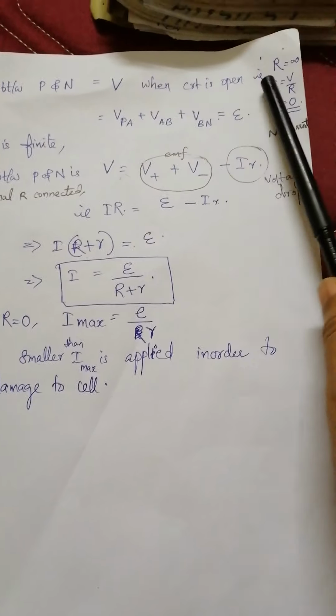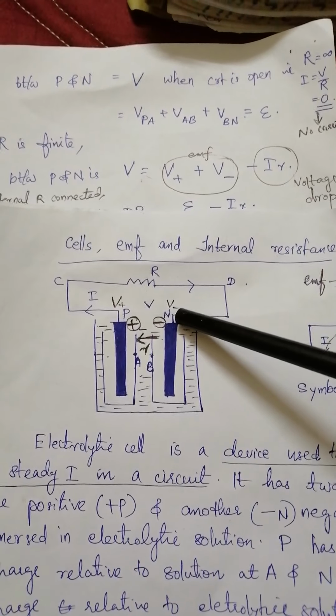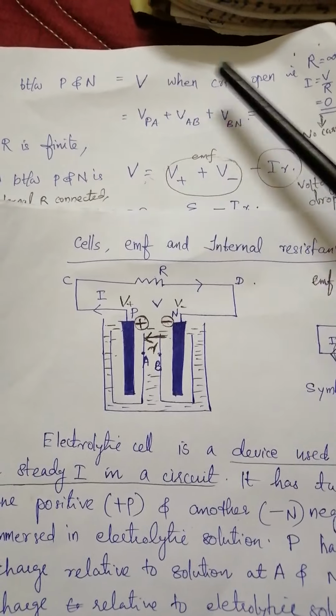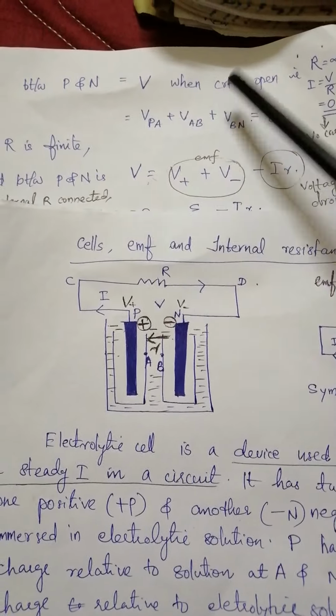That is the sum of the potential from P to A, plus A to B, plus B to N, that is VPA plus VAB plus VBN. We have not considered the external circuit when we calculate this EMF of the cell.